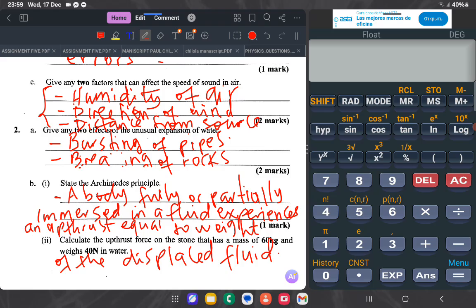So don't confuse the law of flotation with Archimedes' principle. Archimedes' principle is about a body which is either fully or partially immersed in a fluid. It is going to experience an upthrust equal to the weight of the displaced fluid. That's the principle called Archimedes' principle. I hope you have taken note of that.